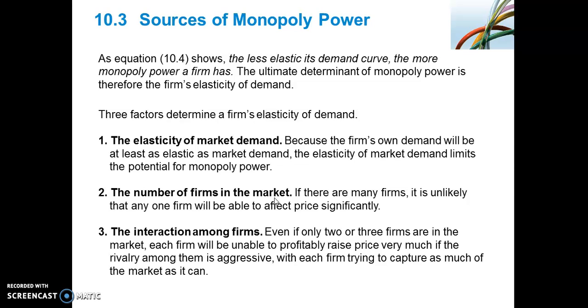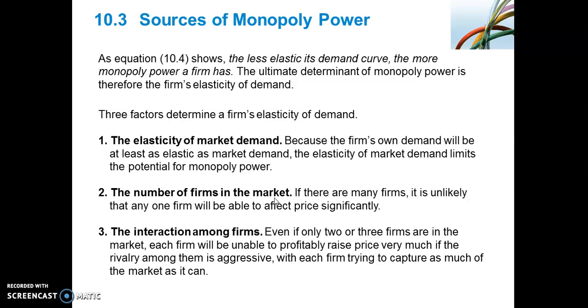And then also, it comes down to the interaction of those firms. Let's say you have 2 or 3 or 4 firms in the market, but the rivalry amongst them is quite aggressive. Each firm is trying to capture as much of the market as they possibly can.